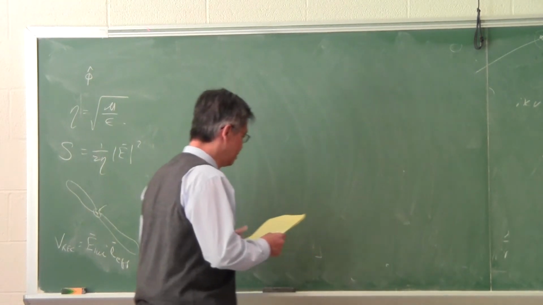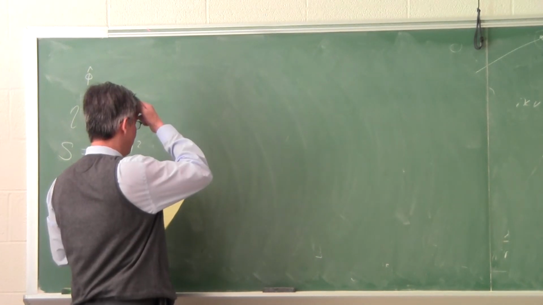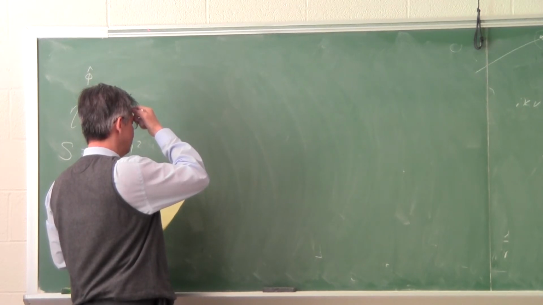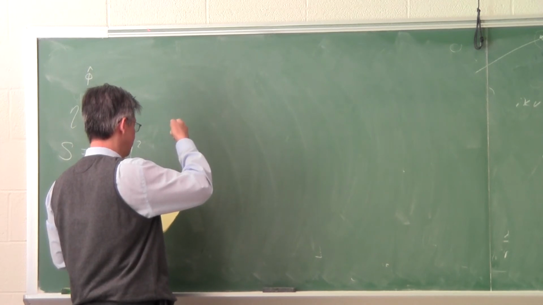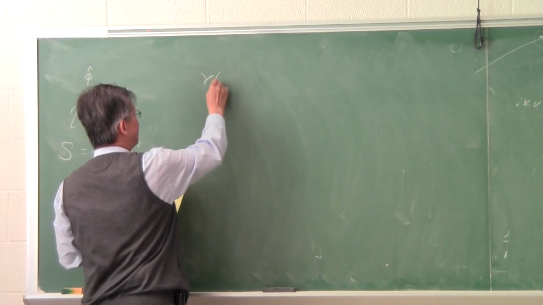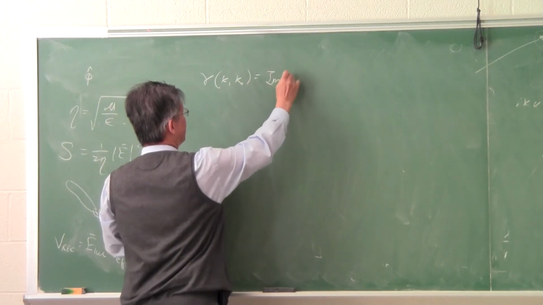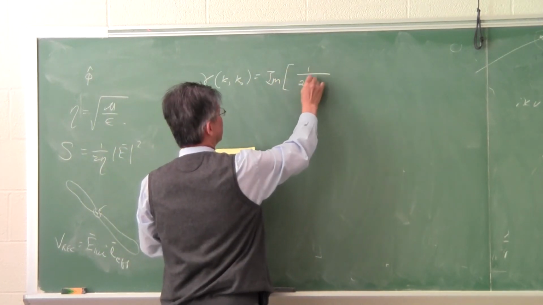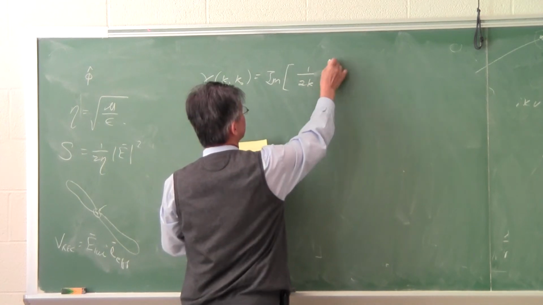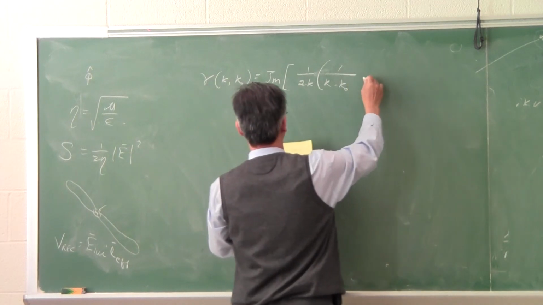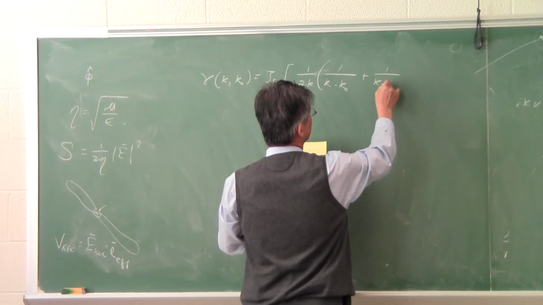Okay, let's look at the next part. This is quite an interesting part, and it also puzzles me as to how to derive this property. So we have gamma k naught being equal to the imaginary part of 2k times 1 over k minus k naught plus 1 over k plus k naught.